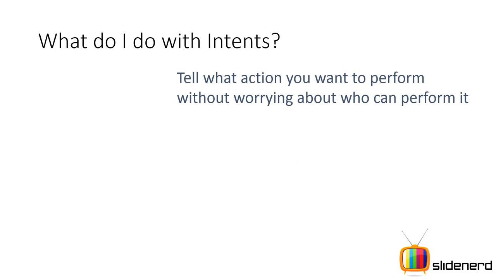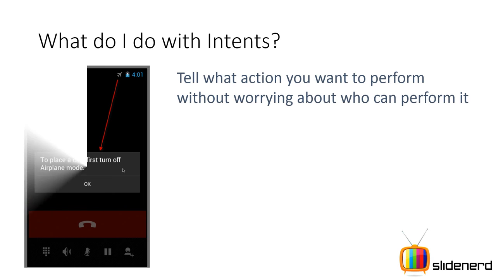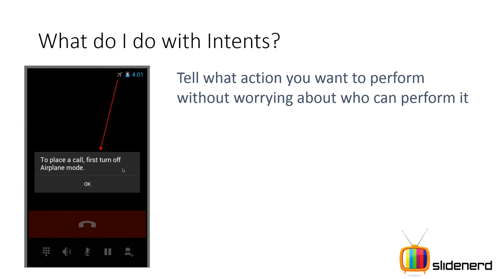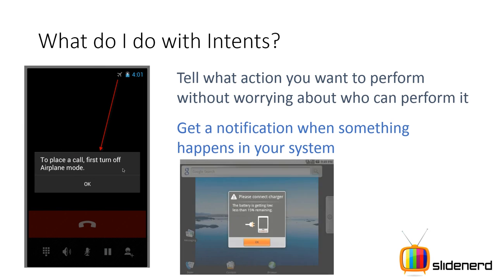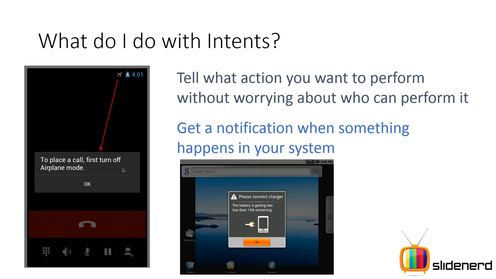So in implicit intents, you can tell what action you want to perform without worrying about who can perform it, right? And then you get notifications. For example, your airplane mode was turned on, your airplane mode was turned off, or your battery level went below a certain level. All these things are notifications. So whenever there is an event, an intent is created out of that event and it is supplied to everybody. Now if you have a broadcast receiver who's actively listening to these events, then that broadcast receiver is going to be connected, right?